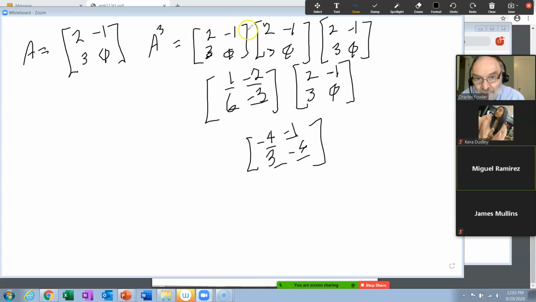So you take the first row here, second column here, matching what you're going for. It's 2 times negative 1 is negative 2, plus 1, negative 1 times 0 is 0, so it's just a negative 2. Okay? This is the 2, 1 entry. Second row, first column, so you do the second row here, that's a 3. Second row here times the first column here, 3 times 2 is 6, and then 0 times 3 is 0, so that's just going to be a 6.